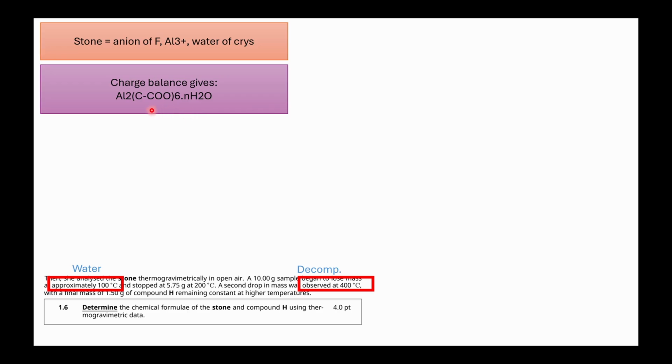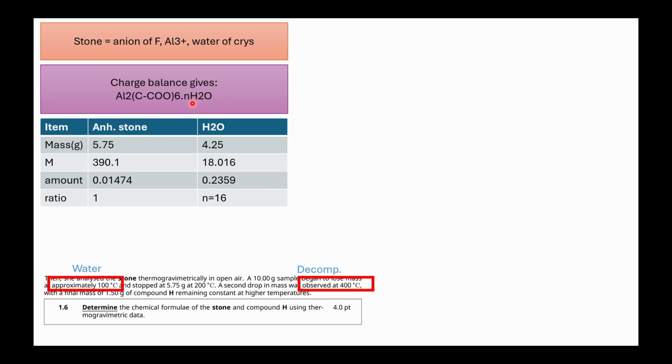So its charge balance gives, because Al is 3+ and just now the anion of F is 6-, there's no reason for it to lose some hydrogens but not others. So we assume all hydrogens have been lost. So it's Al2(COO)6, I just wrote it like that so it's easier to read and easier to see the charge directly, and n waters of crystallization.